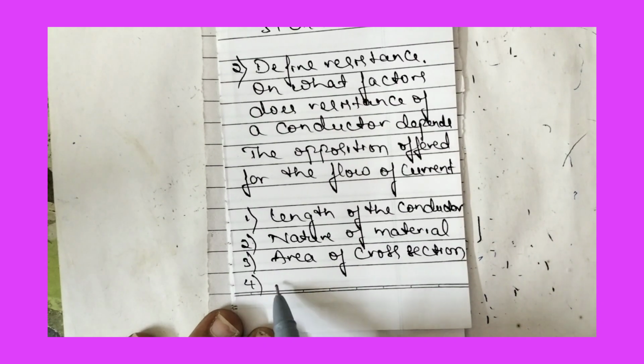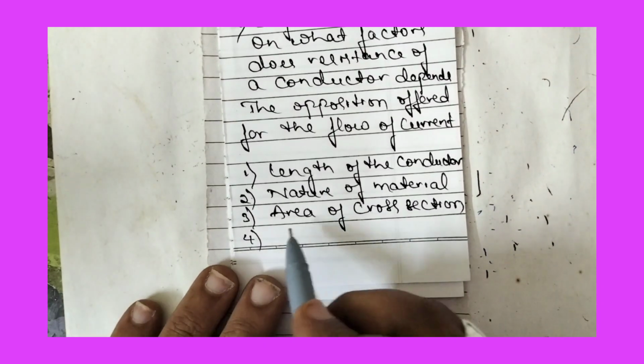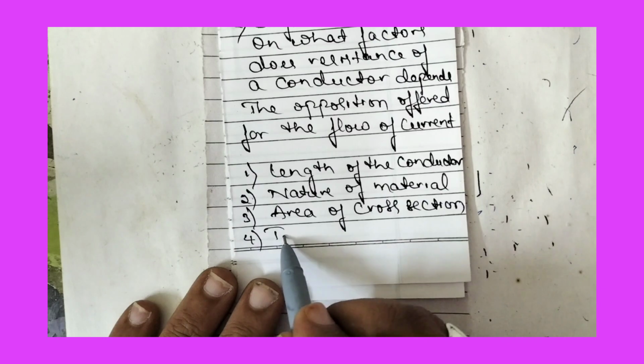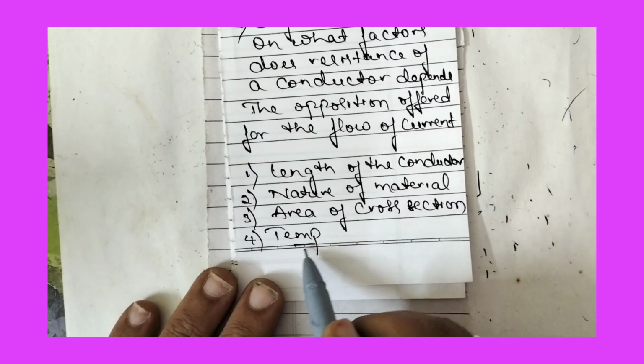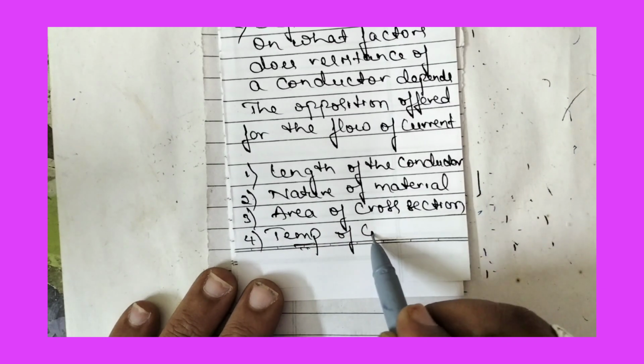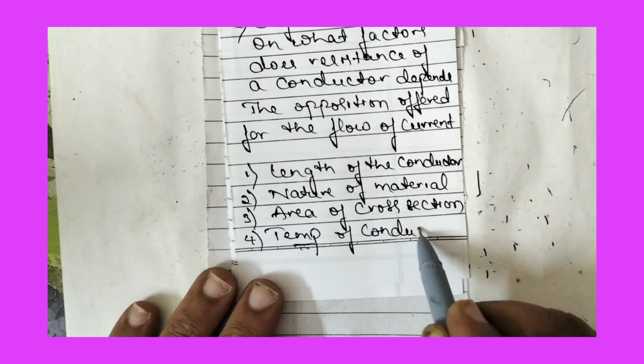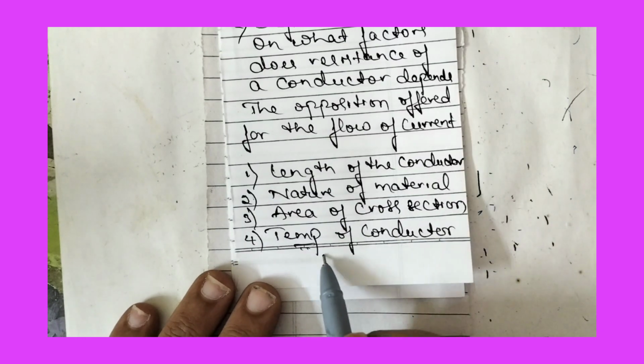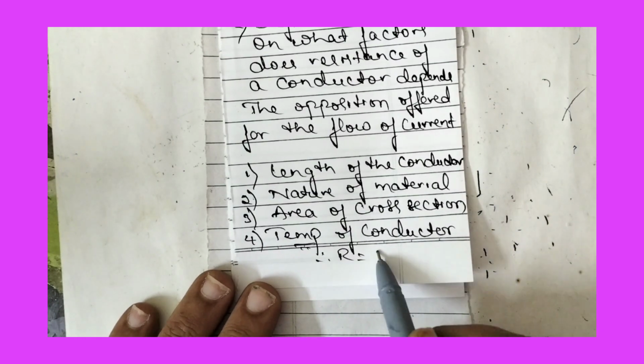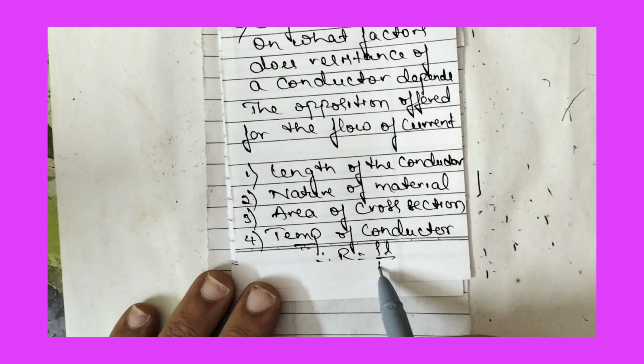Then fourth point, it depends upon the temperature of the conductor. Therefore, R is equal to rho L by A.